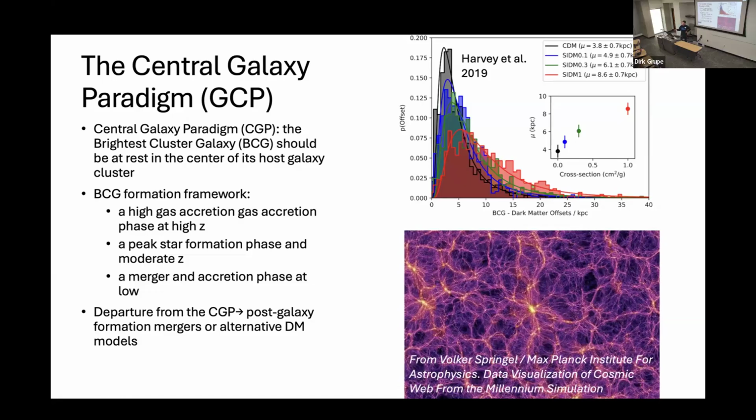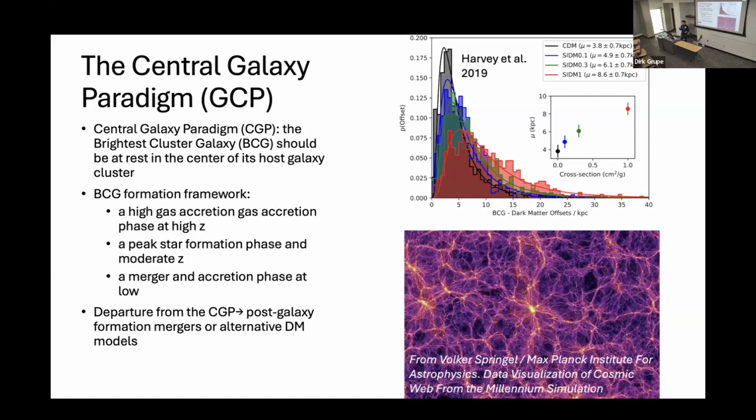Specifically, the brightest cluster galaxy, which resides at the center of the cluster and the modern structure, has a formation history intimately tied with the formation history of the cluster at large, and as such should share some similar properties between the cluster itself and the BCG. Specifically relevant to our project is that we expect that the brightest cluster galaxy should reside at the center of the cluster at rest.